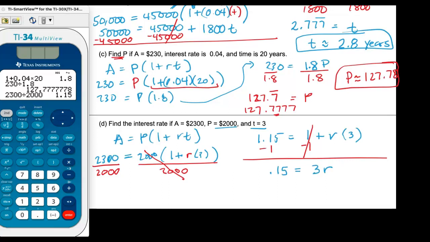And so then I'm going to divide both sides by 3 and then just use my calculator. So 0.15 divided by 3, and I end up getting a rate of 0.05. And then this is asking for interest rate. And since this is interest rate, we're going to convert this to a percentage by moving that decimal 2 spots to the right. So our rate is 5%.